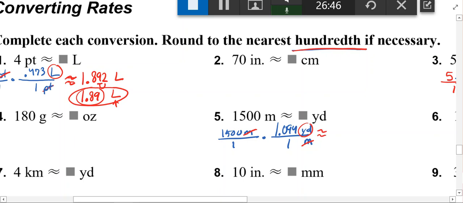So my calculator comes out, and I do 1,500 times 1.094, and I get approximately 1,641 yards. This is the answer. This is what you type into the Google form.